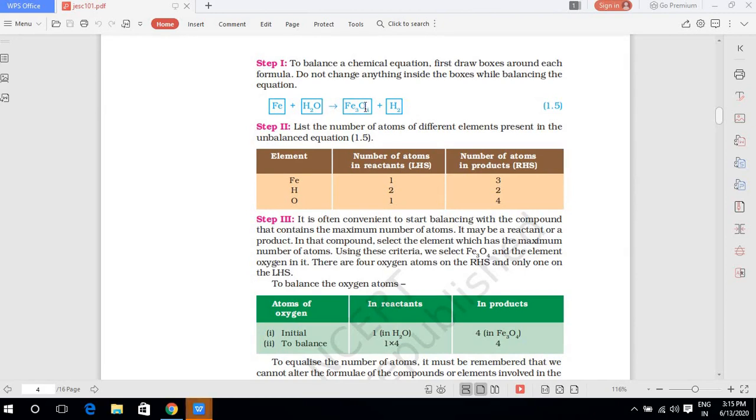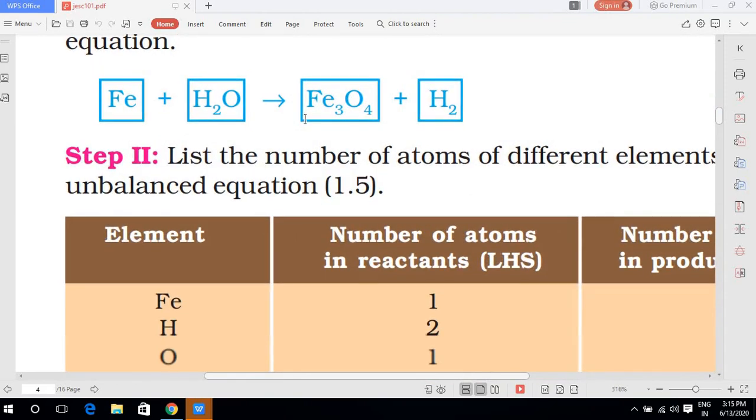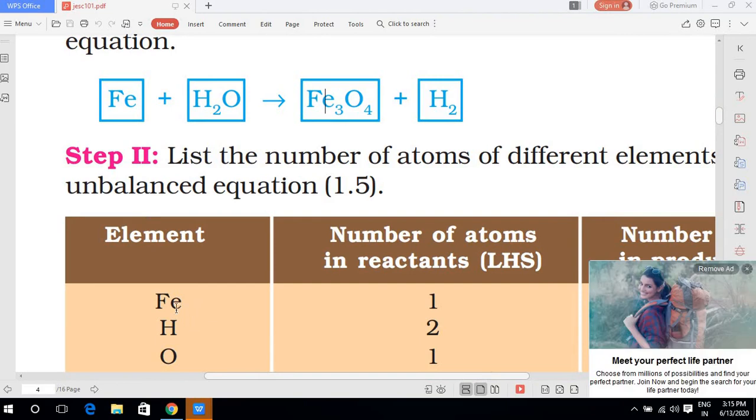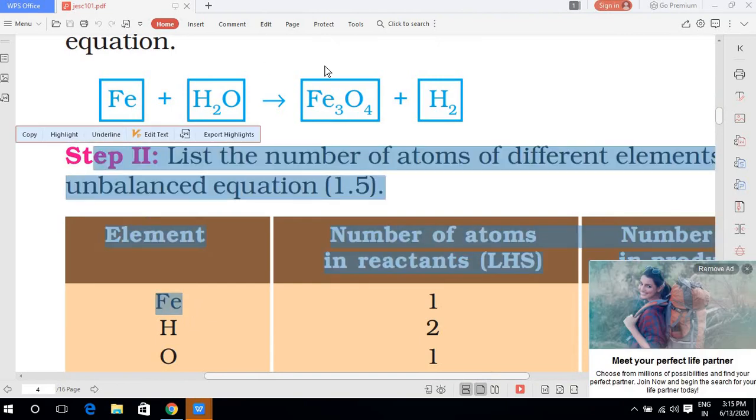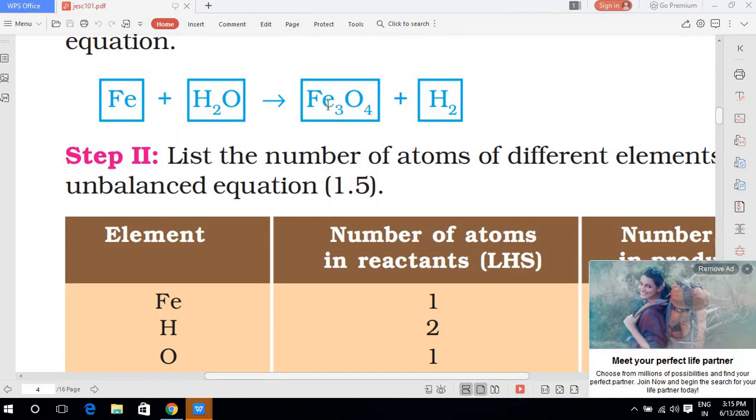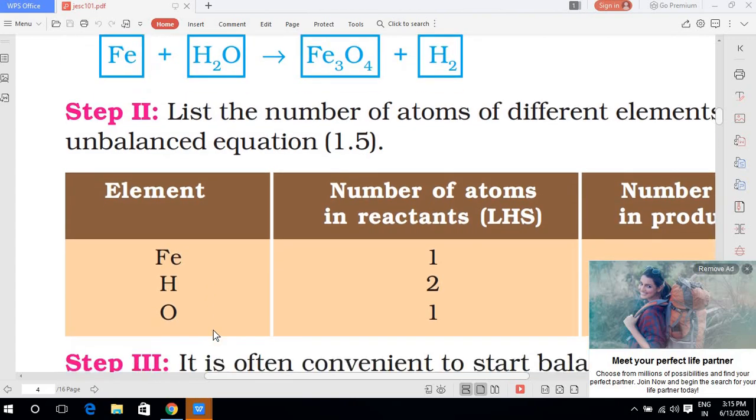After we put those identities in the boxes, we have to list down what elements are involved in these boxes. For example, here Fe is iron, so we just write it directly.